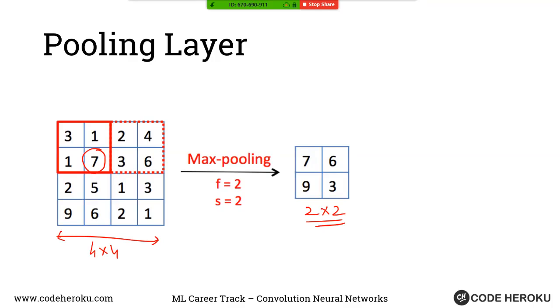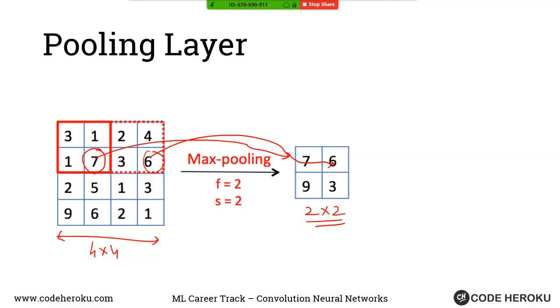Essentially, you will have a filter that you pass through this entire image and take the maximum of the values in that region. In this case, the maximum value is 7, so we took the 7 over here. In this case, the maximum is 6, so 6 comes over here and so on. So that's the pooling layer. There are no learnable parameters associated with the pooling layer.